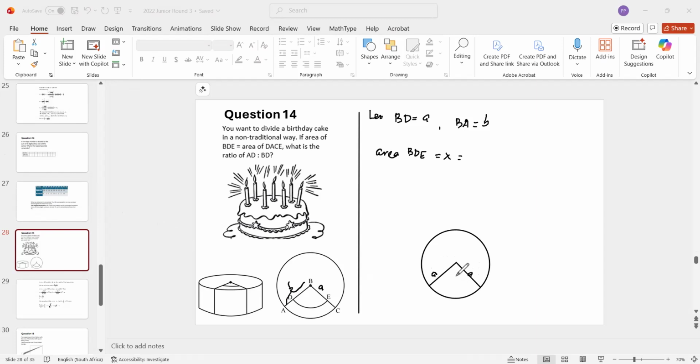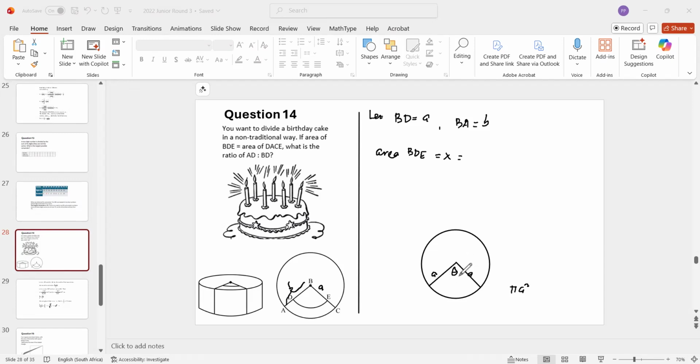Now, what's the area? It all depends on this angle. See, if this angle was 90 degrees, then it's going to be a fraction of the area of the circle. The area of the circle is pi a squared. But the full angle is 360.